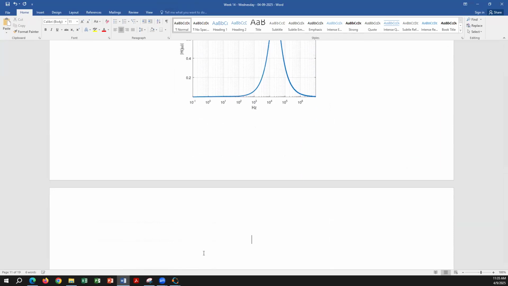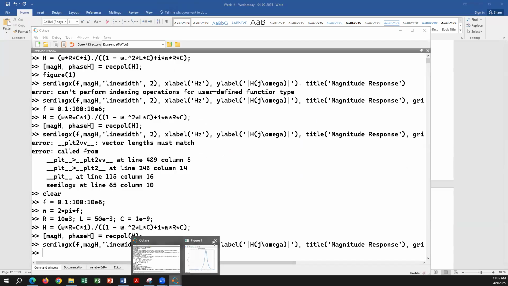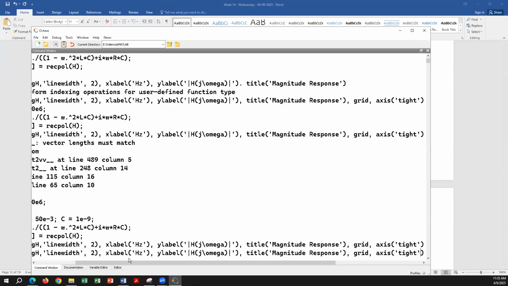And the phase plot is going to be the same like we did for low pass filter. So this is the phase response. Phase response.